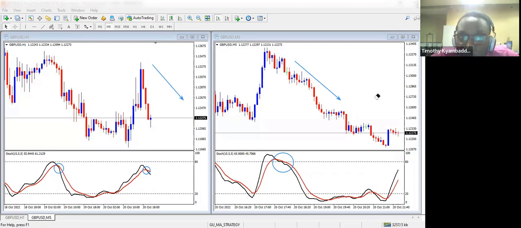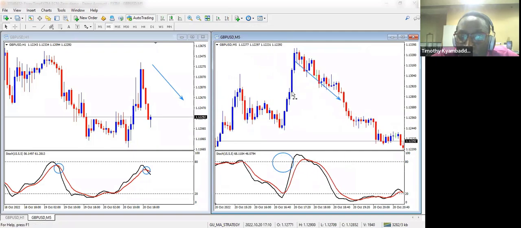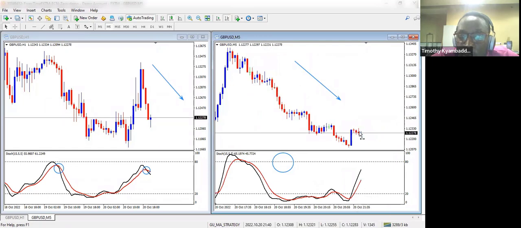So in case you missed the initial entry, but you're looking to get in on the move, what you're going to do is wait for price here to first retrace up a bit and go into the overbought situation.